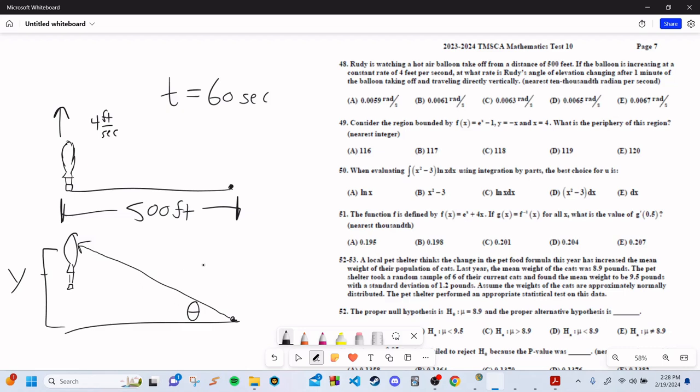It would be 4 times 60, 4 feet per second times 60 seconds. So after 60 seconds, it's risen 240 feet in the air. Again, Rudy still stays 500 feet horizontally away from the balloon.